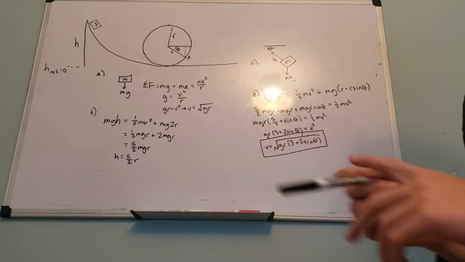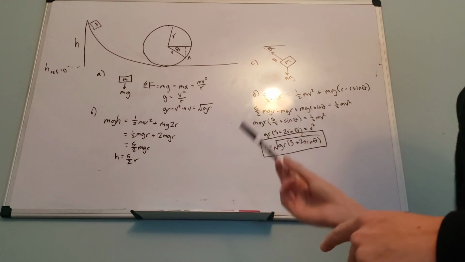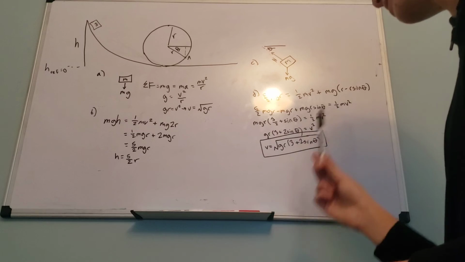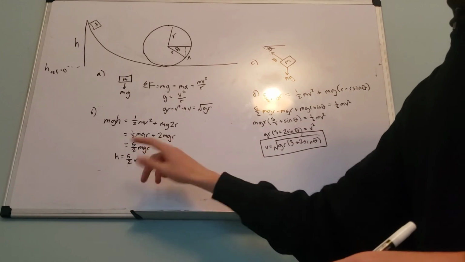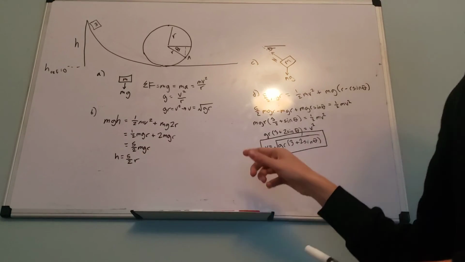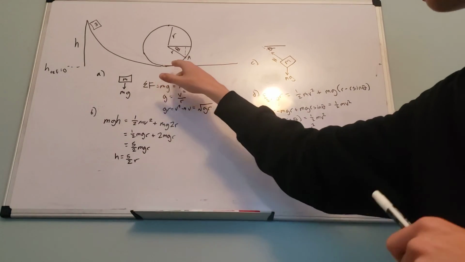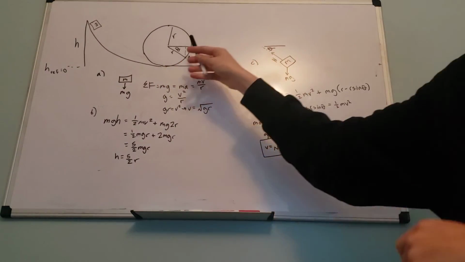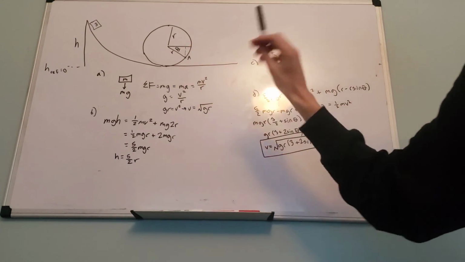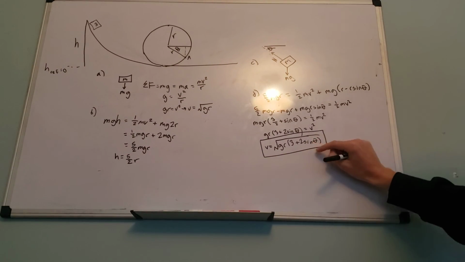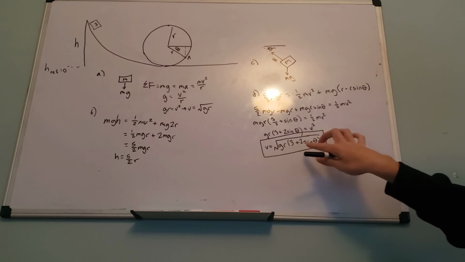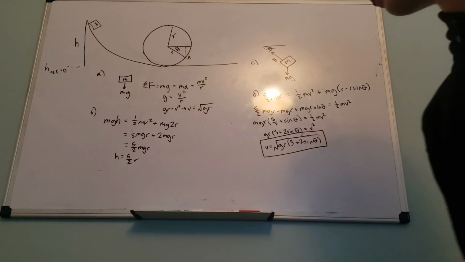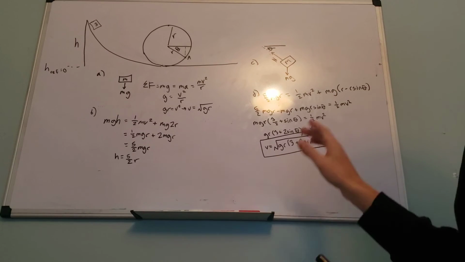The speed squared at the bottom should be 5gr, because 1/2 v squared will end up being 5 halves. At the bottom, our theta is 90 degrees, or pi over 2, and sine pi over 2 is 1. This becomes 3 plus 2, and that's 5gr. So v squared will be equal to 5gr. That all seems to make sense.